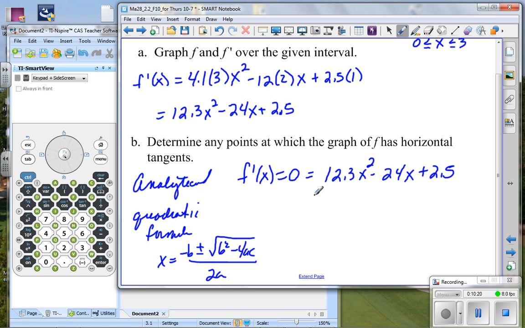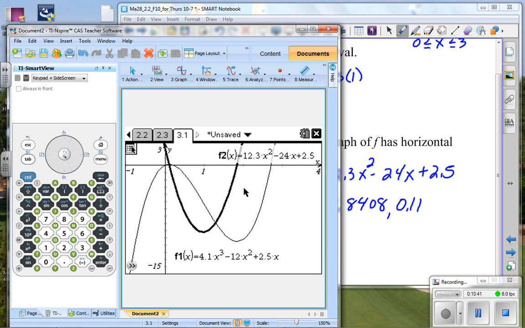We can go through and solve that. We would find that x is approximately 1.8408, and by my notes, and we're going to check this, 0.11. So approximately that.